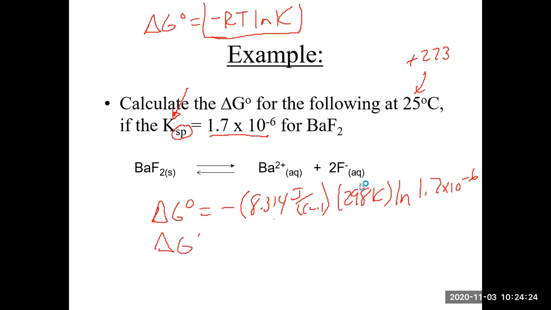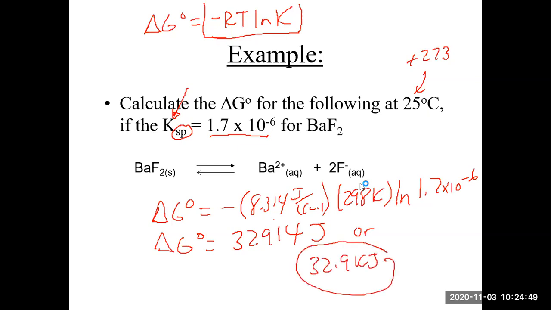That is going to give us a delta G naught of 32914. The units here would be joules, or if we clean it up a little bit, about 32.9 kilojoules would be our answer here.